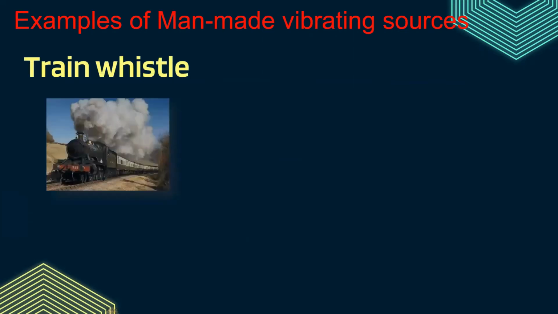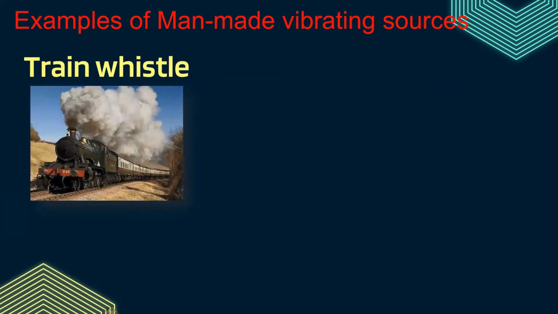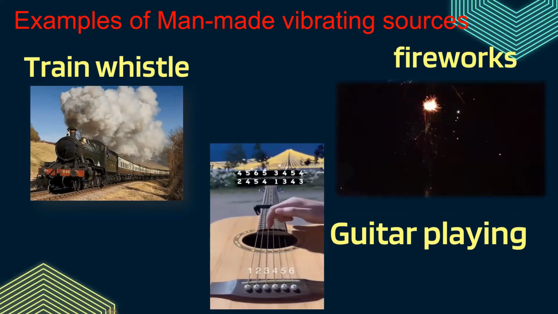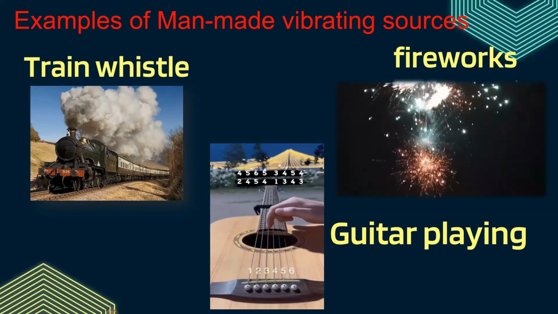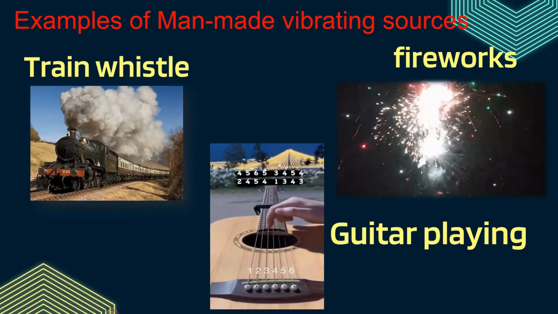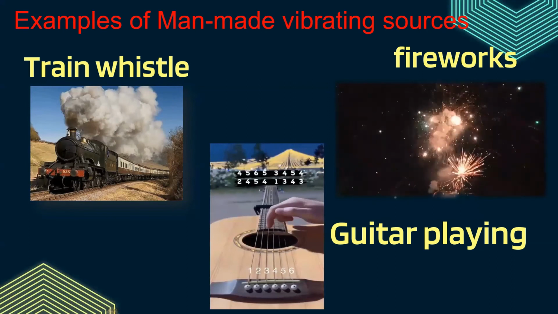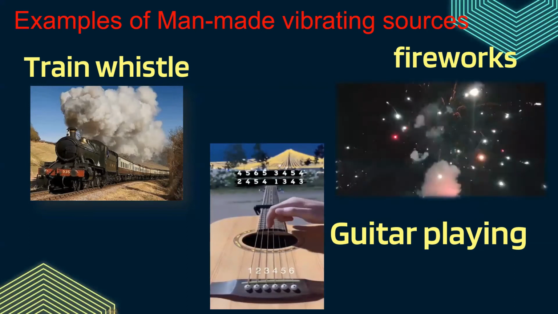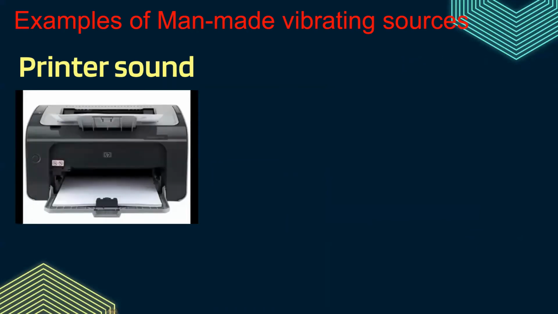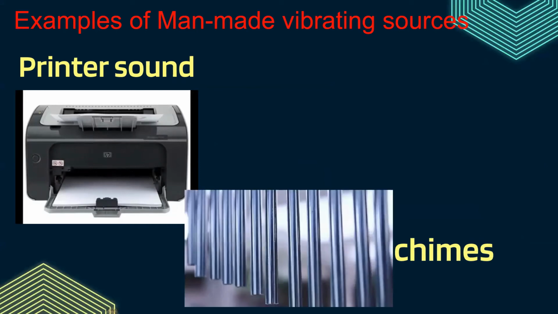Now, what I'm going to show you next are examples of man-made vibrating sources. First, we have a train whistle. Next, we have guitar playing. And another one is fireworks. Other examples of man-made vibrating sources are printer sound, chimes, and bicycle bell.